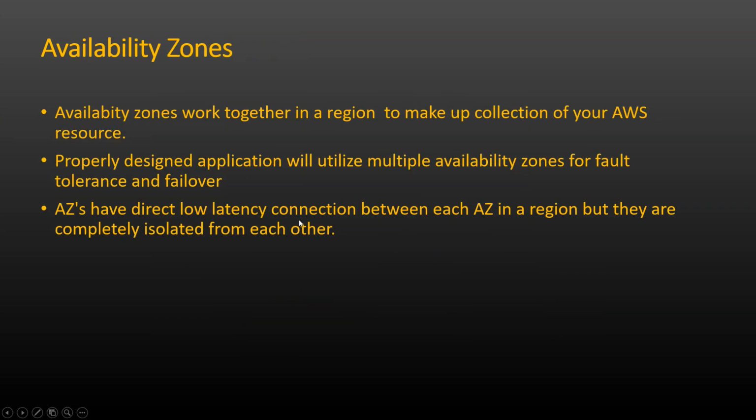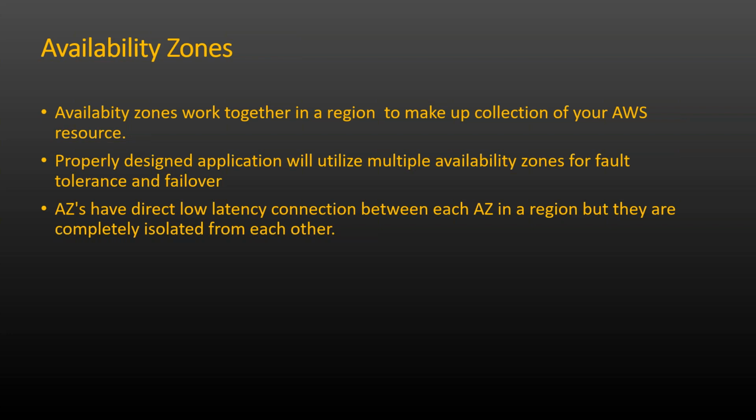Now, availability zones. Availability zones work together in a region to make up a collection of your AWS resources. Each region, like the numbers I just showed you in the previous slide, has a minimum of 2 availability zones. The reason is failure of one availability zone will not impact the services in the other availability zone.